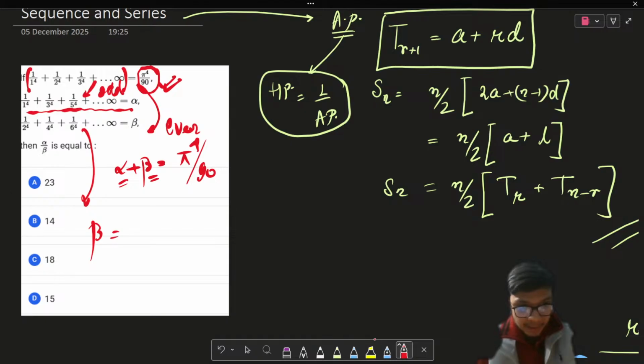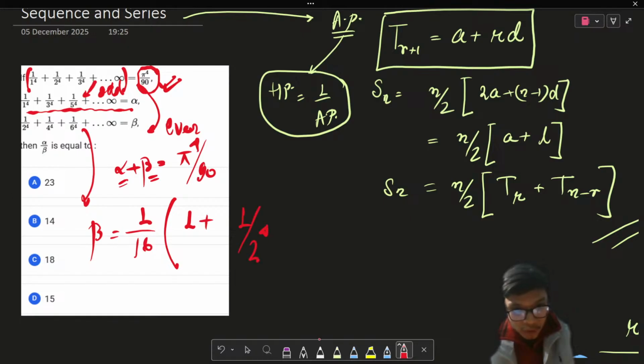If I take the term beta, and take 2 to the power 4 as common, so that is 1 upon 16, then the result is 1 plus 1 by 2 to the power 4 plus 1 by 3 to the power 4 and so on up to infinity, right? Which is nothing but the same known result, that is pi to the power 4 by 90, right?